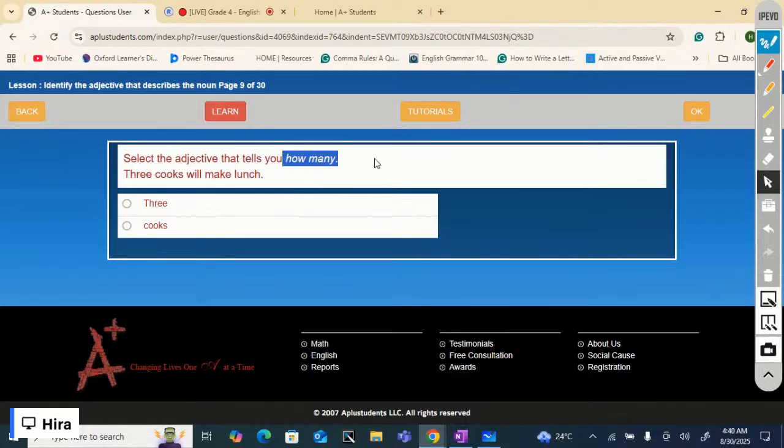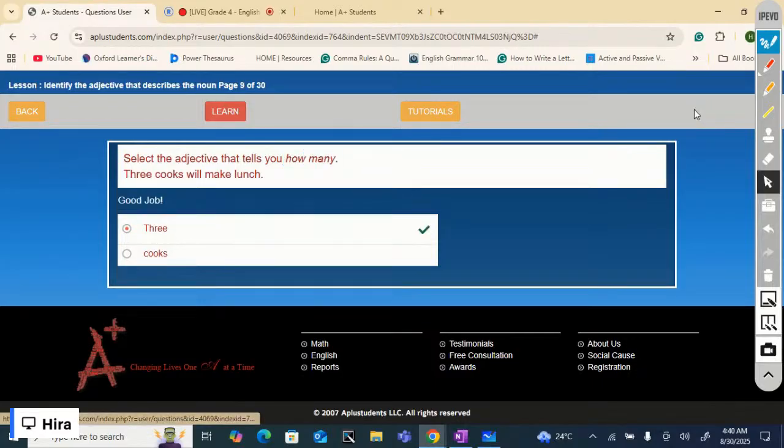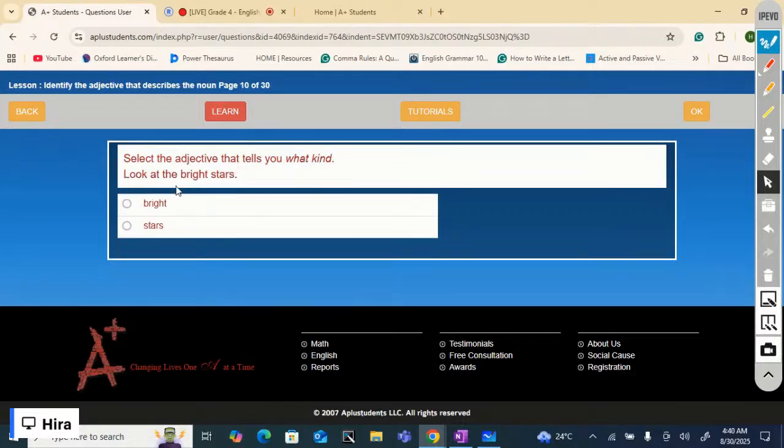Okay, so how many? Three. Three cooks will make lunch. Look at the bright stars. Select the adjective that tells you what kind. What kind of stars? Bright. So bright is the adjective.